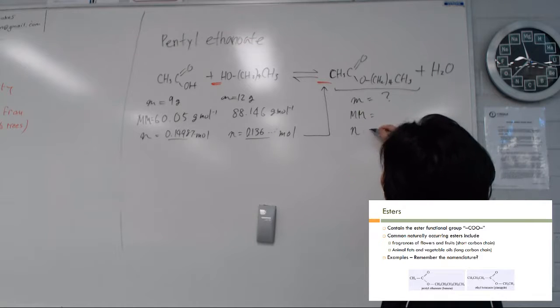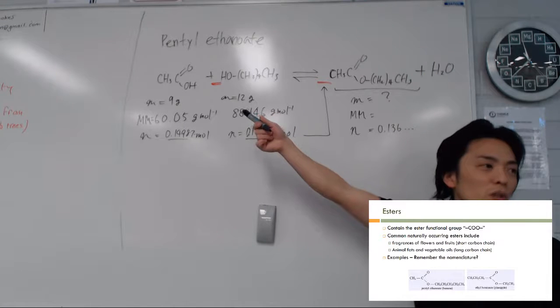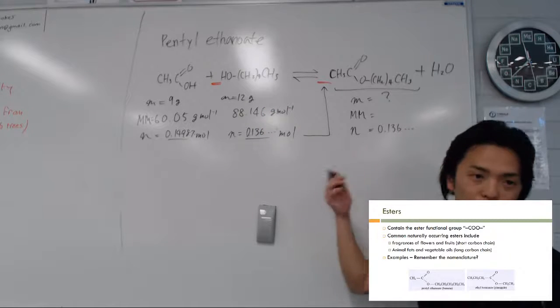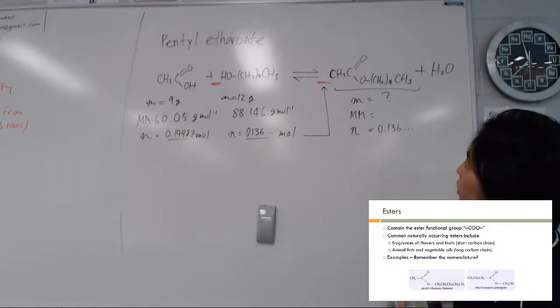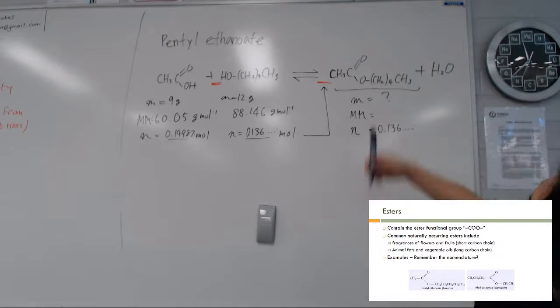Number of mole is already here, 0.136, da da da. Now, so use the calculation and don't lose the decimals when you're doing this calculation, right? Can someone do molar mass for this one?